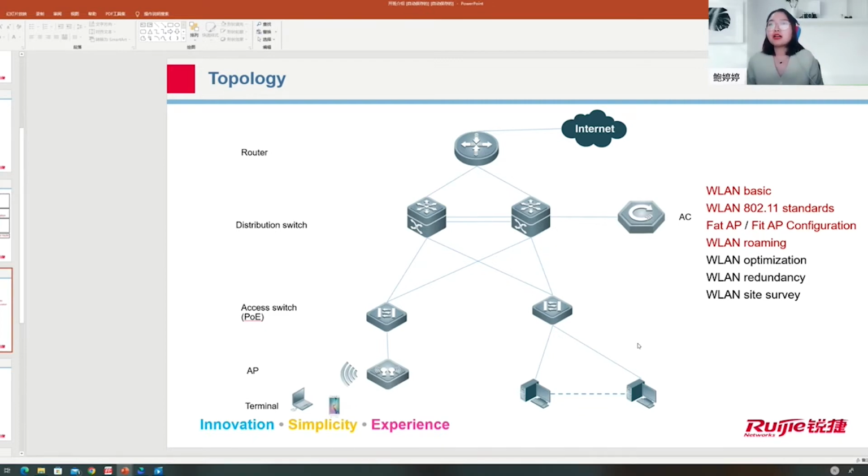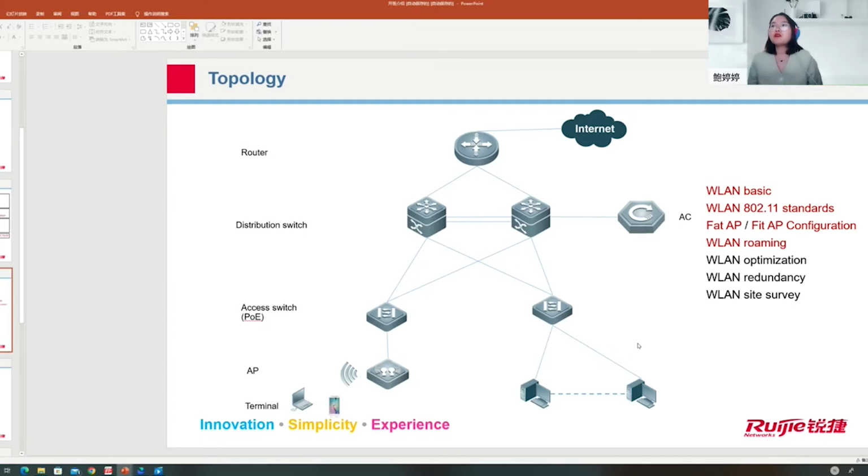Because we have to establish several tunnels between the APs, or between AP and AC, and also inter-AC. If the APs are located in different ACs, we have to establish the tunnel between the ACs and then forward the traffic out. And pay attention to some scenarios, for example, a stadium, where the place is very big, but all of the APs provide service for the same IP address and the same VLAN.